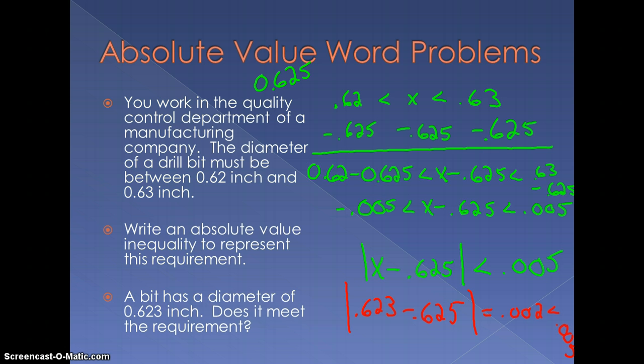Yes, that would meet our requirement for that problem. So to review, we write the compound inequality. We subtract the midway point between the two endpoints from all three parts. We simplify that subtraction and get an absolute value inequality from that. We'll have a formal summary at the end.